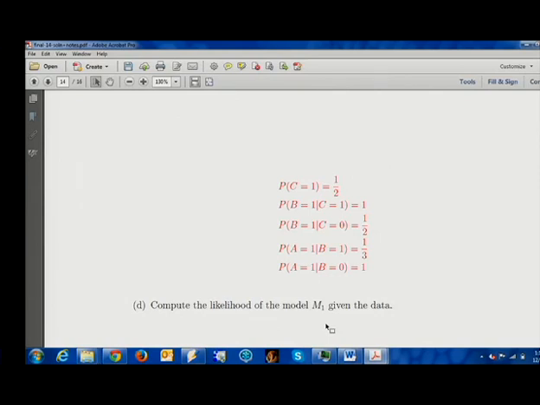Questions on this? No, it's not one. It's the probability of the data. In most cases, you don't need to compute it. Exactly. So notice that it depends on what the question is.